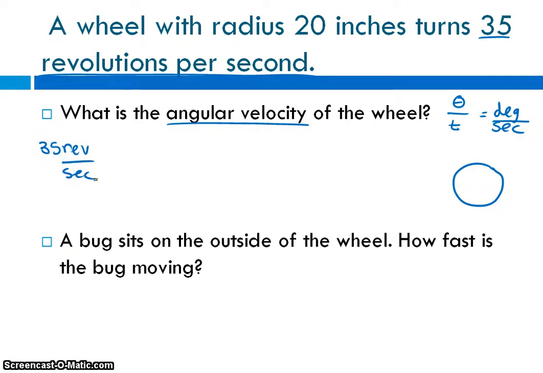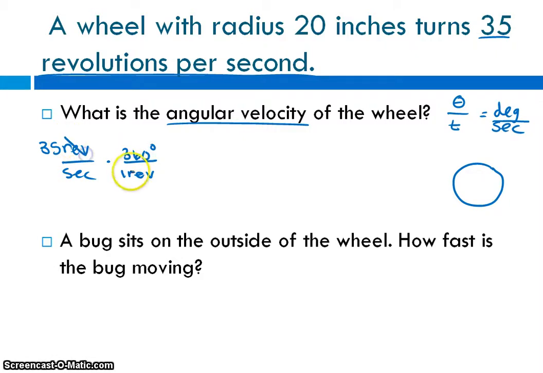So I'm going to start off with a rate that we were given, which is 35 revolutions per second. Now when we're doing our conversion factors, we are going to do dimensional analysis. So we are going to write a fraction with the horizontal fraction bar, 35 revs over a second, and then we're going to multiply it by one of the conversion factors that I gave you on the previous page. Now we want to convert from revolutions to degrees. We already have seconds, and I know that 1 revolution is equivalent to 360 degrees.